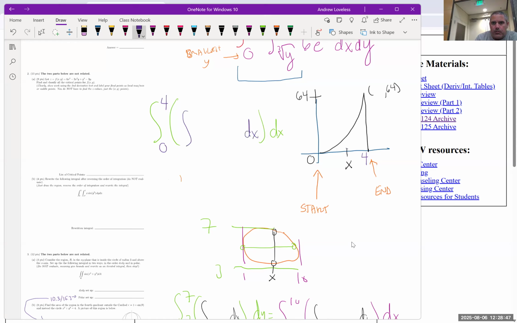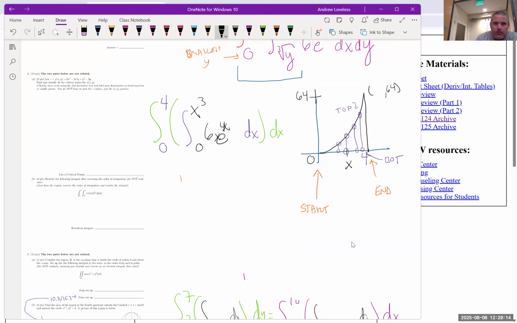But the challenge was to describe where these two things are, the top and bottom. So the correct answer here is 0 to x cubed of 6e^(x^4).